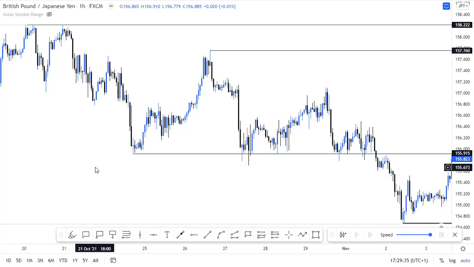Please, you must always remember that when we're talking about discount and premium, it is connected with all the PDRAs. The full meaning of PD is premium discount. So it's connected to all the PDRAs, and all the PDRAs are all the things we've been talking about, order blocks and so on.